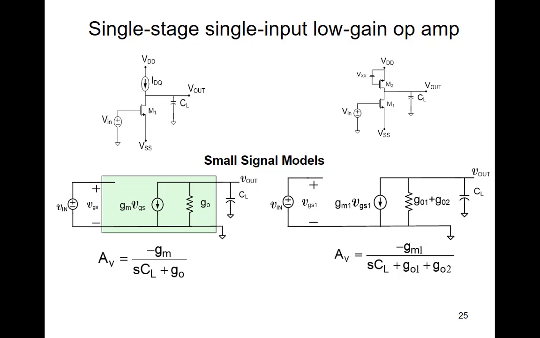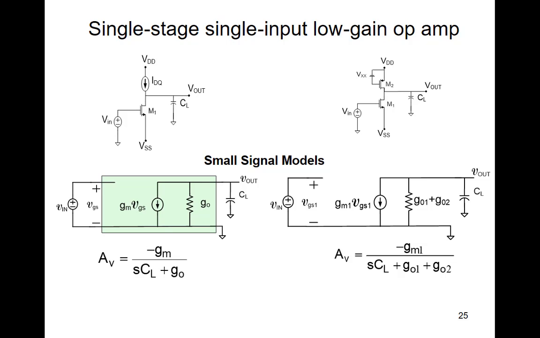Now let's go back to our operational amplifier that we're looking at. And I can look at the small signal models of the amplifier. If I put an ideal current source in, I put in the model of the MOS transistor. gm vgs is the dependent current source. g_out is the output conductance. I'm loaded with capacitor CL. Or if I put in the current source, you'll recall the small signal equivalent of that current source was just a conductance of value g_out.